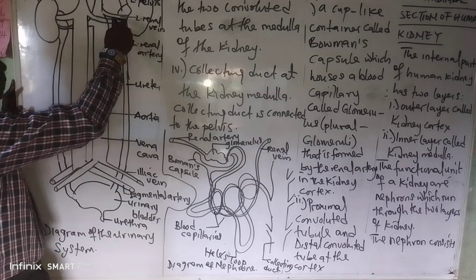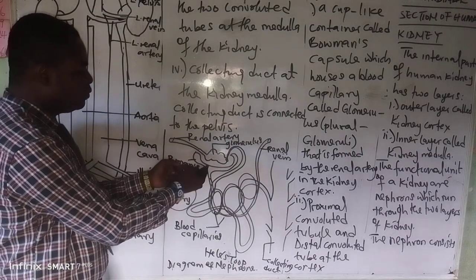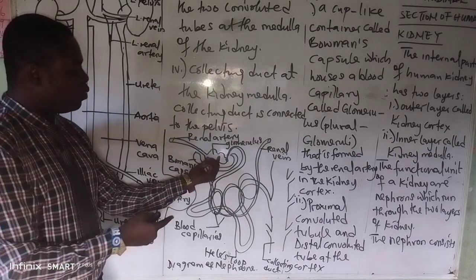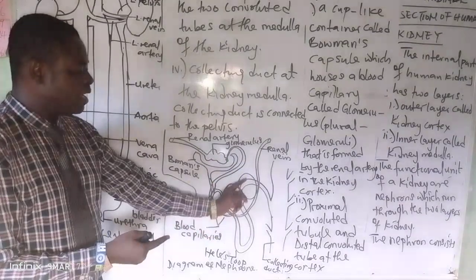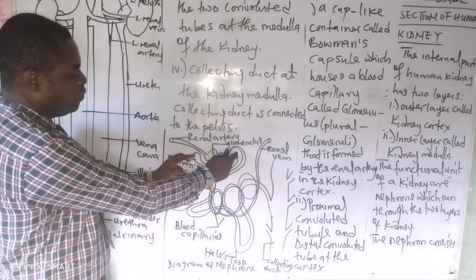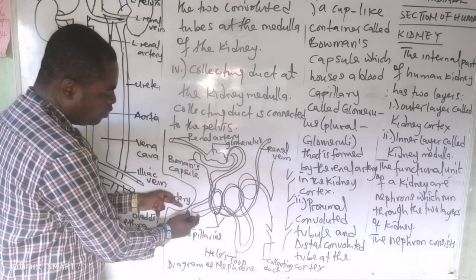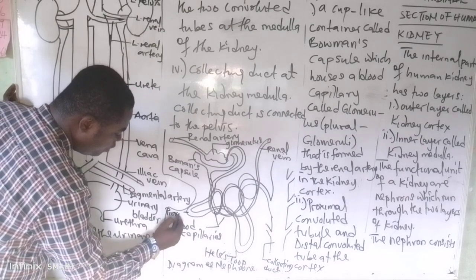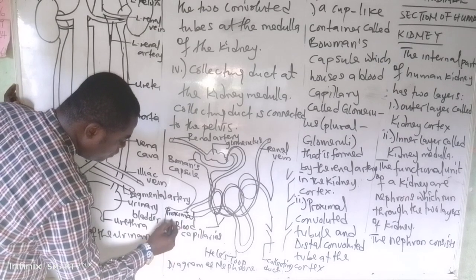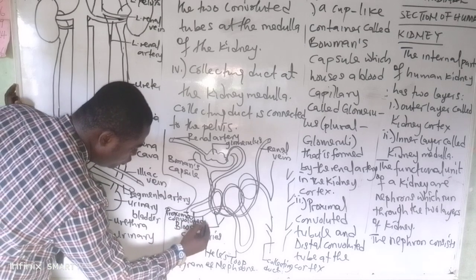This pipe, when it enters inside the Bowman's capsule, forms what is called the glomerulus. Then it straightens up again and forms blood capillaries. Then the Bowman's capsule continues to form two coily tubes. This one is called the proximal convoluted tube.